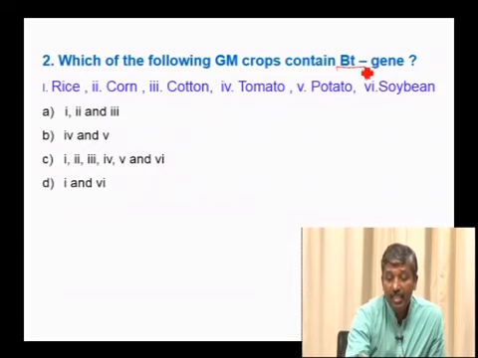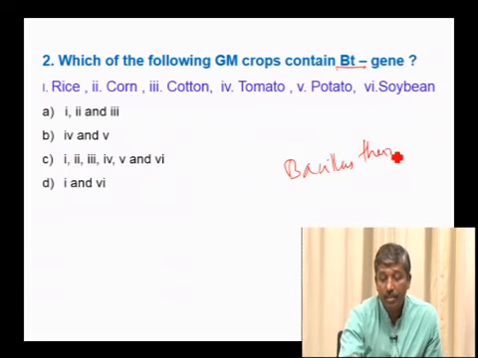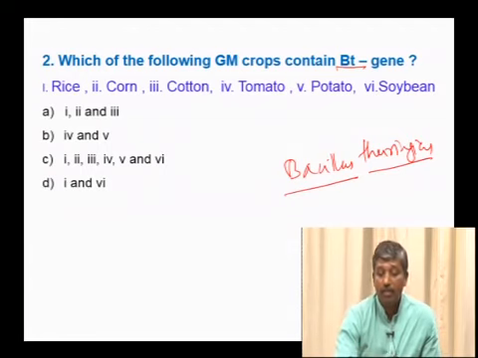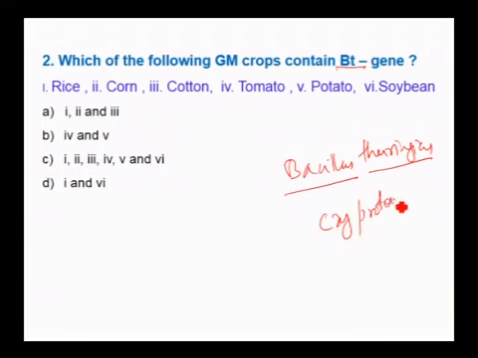Bt refers to the gene isolated from the soil bacterium Bacillus thuringiensis. This bacterium produces species specific cry proteins, which may vary from cry1 to cry16.